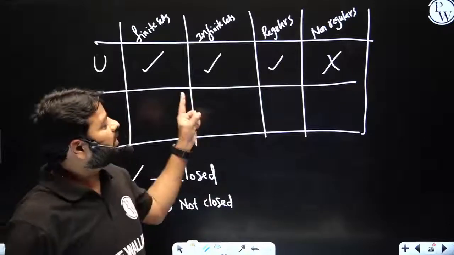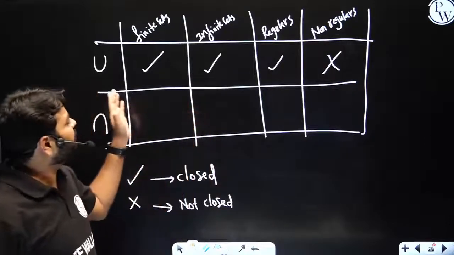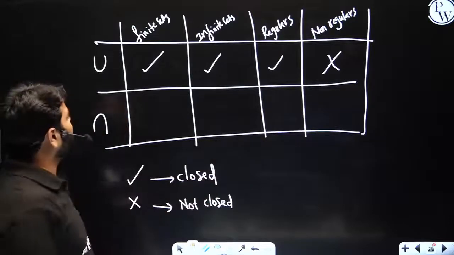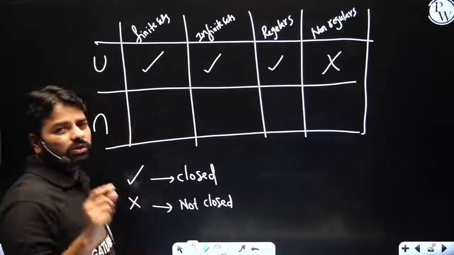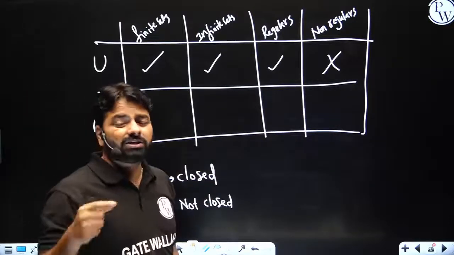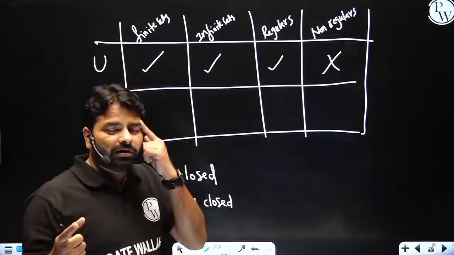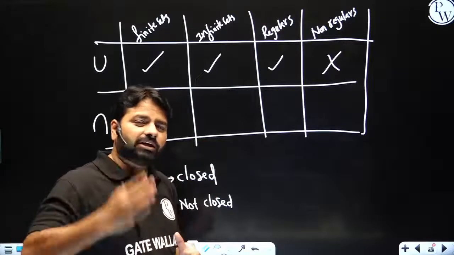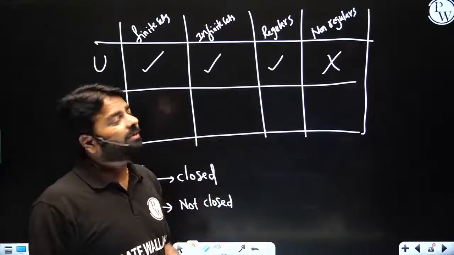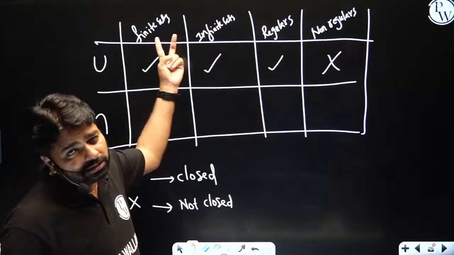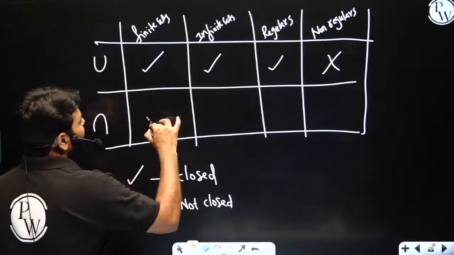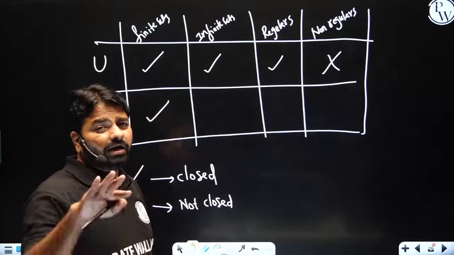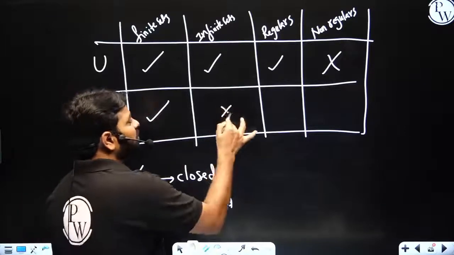Recall that, and in case you forgot these concepts, go back and learn them and make this table. Intersection of two finite sets is finite. Also remember, this is a closure property, but in general, finite intersection any language is finite. Here both operands are finite, so finite intersection finite is definitely finite. Infinite intersection infinite need not be infinite, that's why it's not closed.